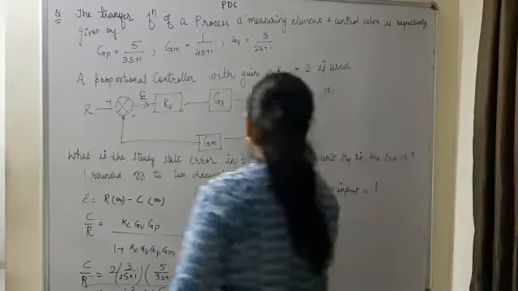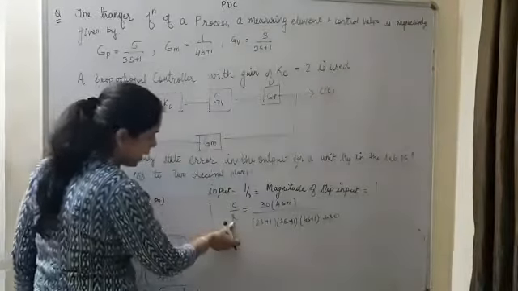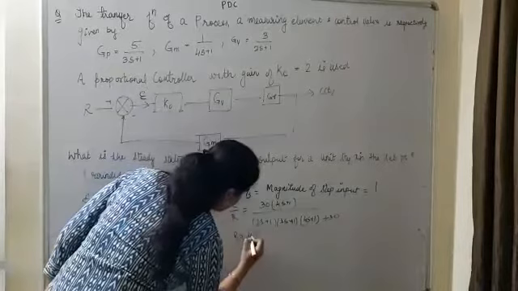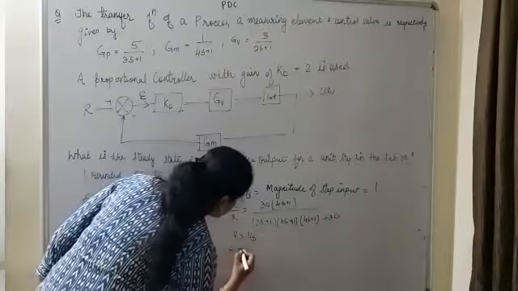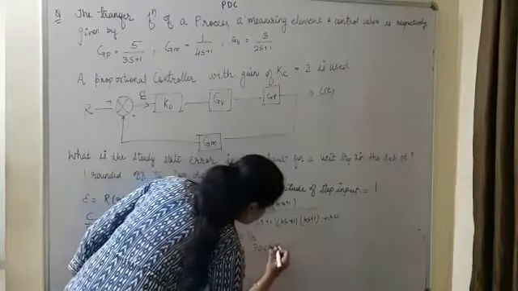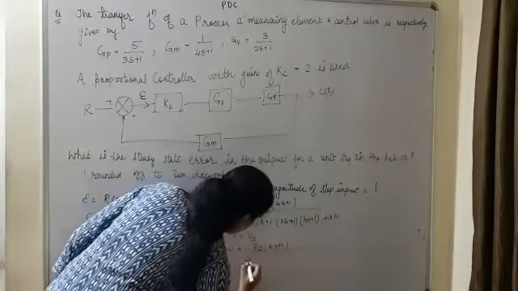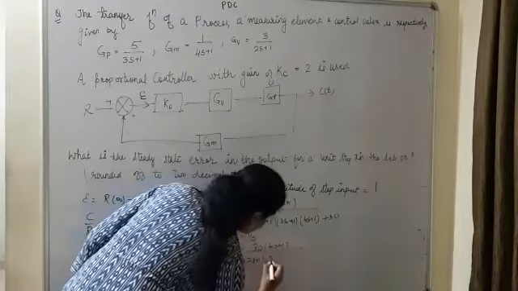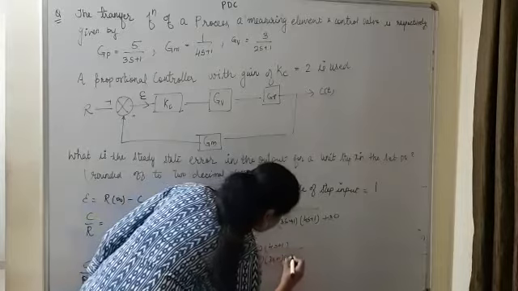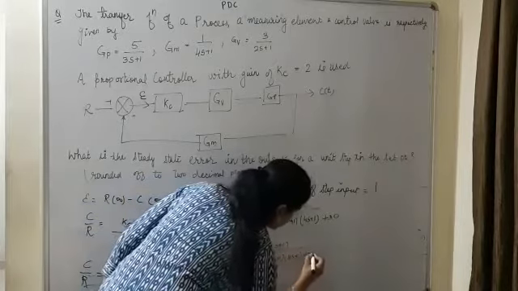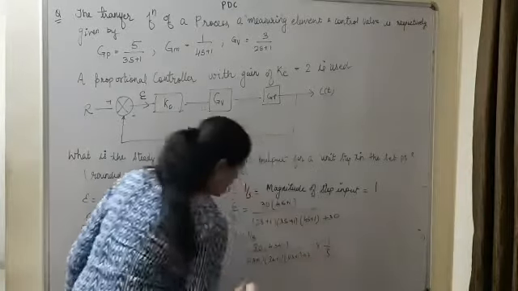We know the input is 1 by S, so substitute R equals 1 by S here. So C is equal to that expression into 1 by S.